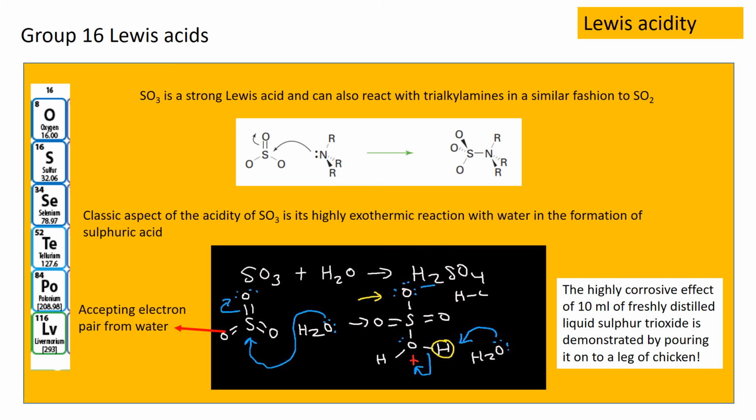Sulfur trioxide is a strong Lewis acid, and in a very similar way to sulfur dioxide, it can react with trialkyl amines. And a classic aspect of the acidity of SO3 is its very exothermic reaction with water, where it produces sulfuric acid.